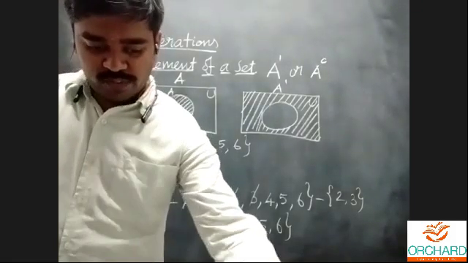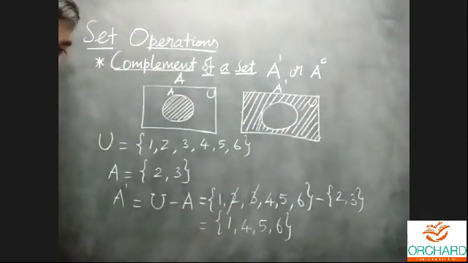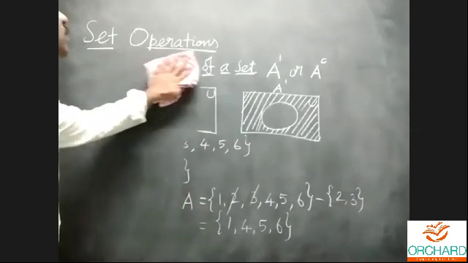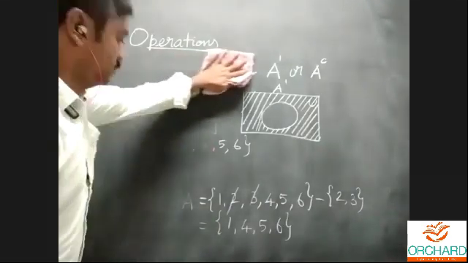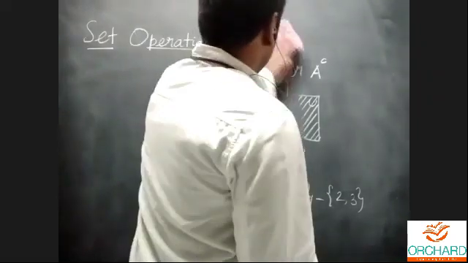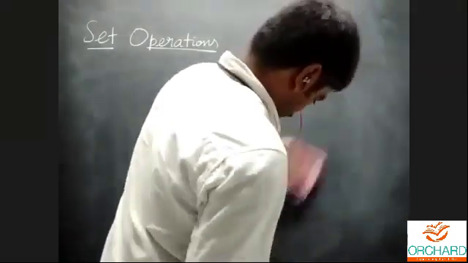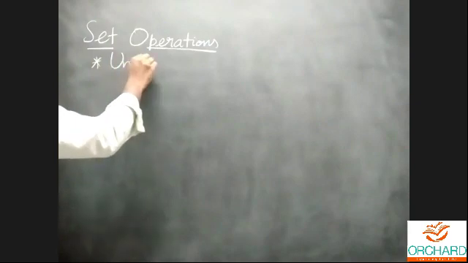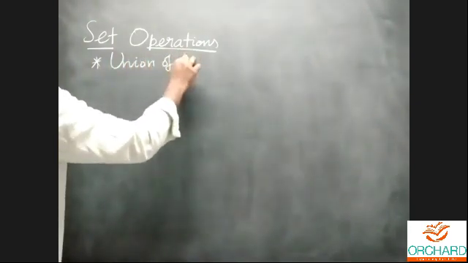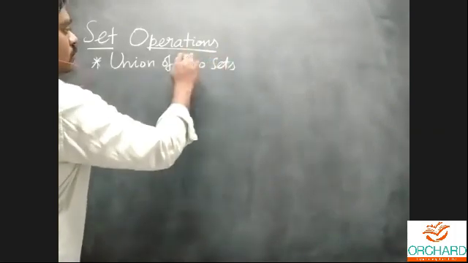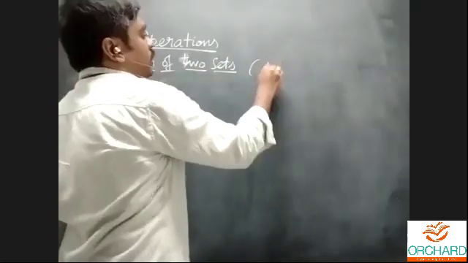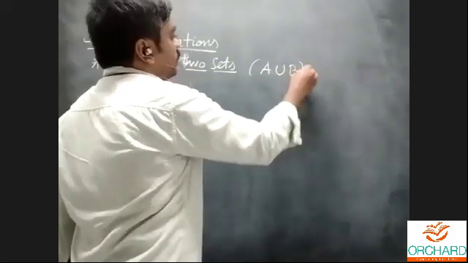Next, union of two sets. The union of two sets is denoted by A union B. How to read the symbol?